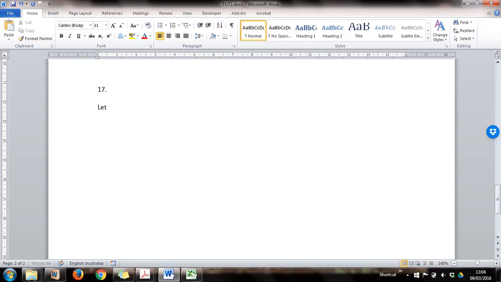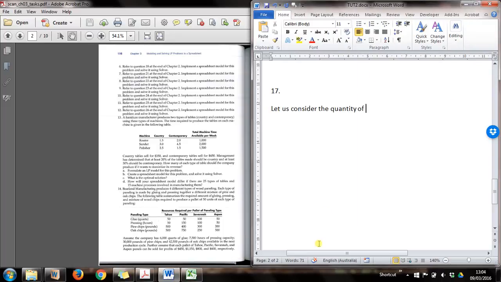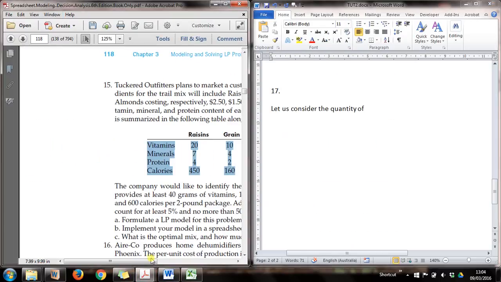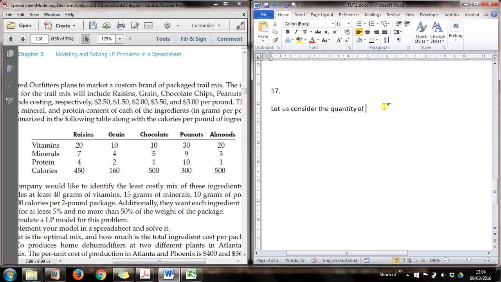So let us consider the quantity of raisins equals P1.